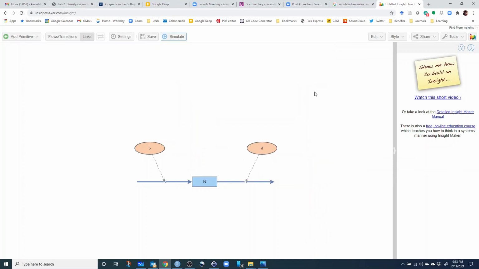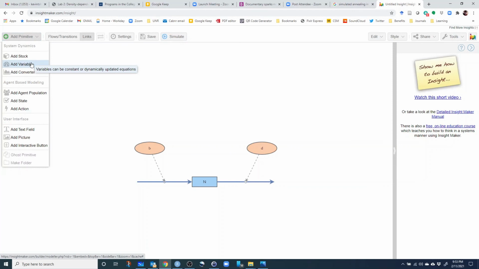What we're going to try to do now is make these rates density dependent, and so let's add some more variables here. Remember, little b and little d are both density dependent now in this new model. And little b is defined as the maximum birth rate minus a parameter a times density.